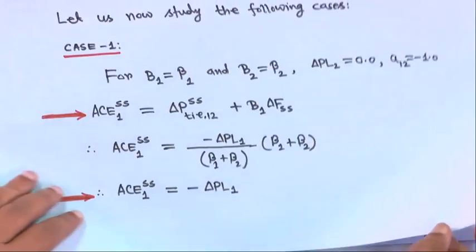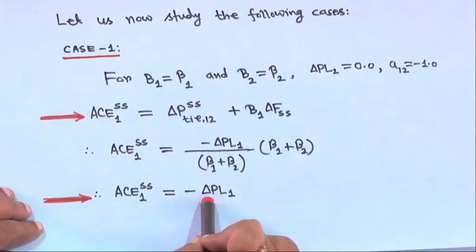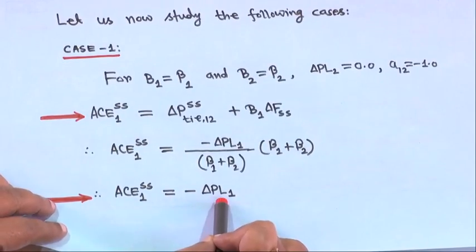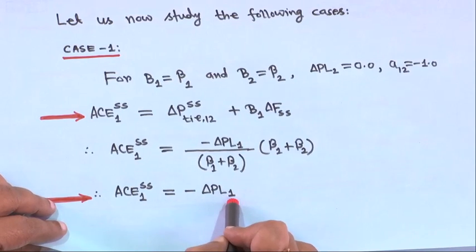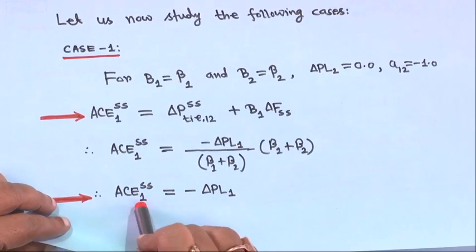The philosophy is that in area 1, from the uncontrolled mode of operation, it is showing that it is equal to the load disturbance. That means the supplementary control action in area 1 should respond and bring this AC1 to 0.